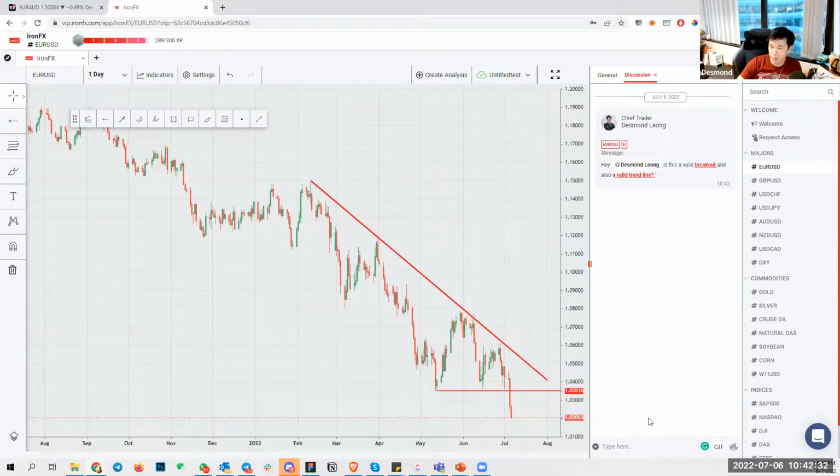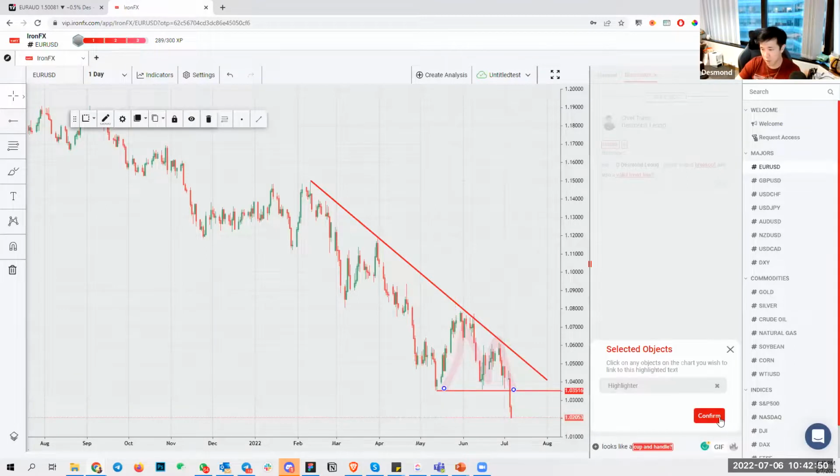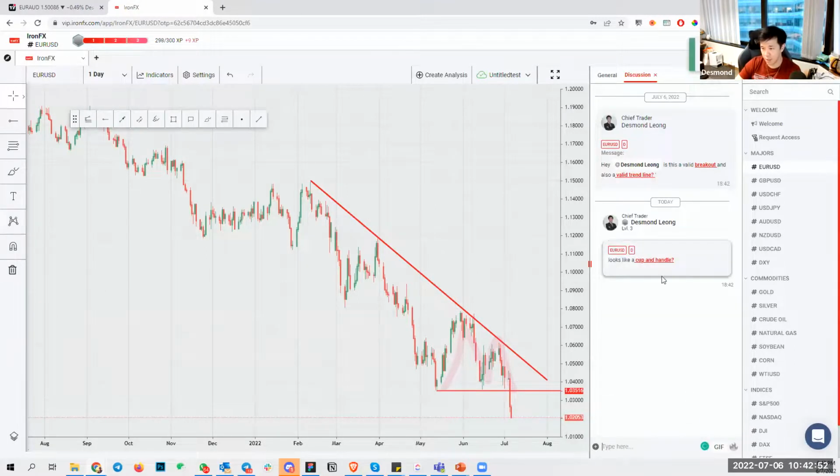I'm going to have my own separate discussion over here, saying maybe something like that looks like a cup and handle. Highlight this, link it to whatever I just drew, send the message. This is the cup and handle that you're looking at. So it gives you a lot more opportunities to practice your analysis.